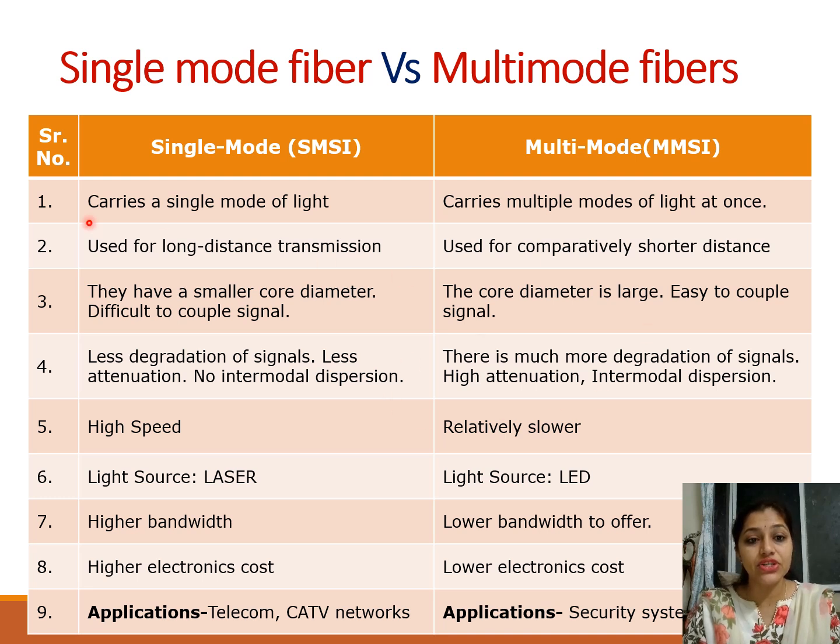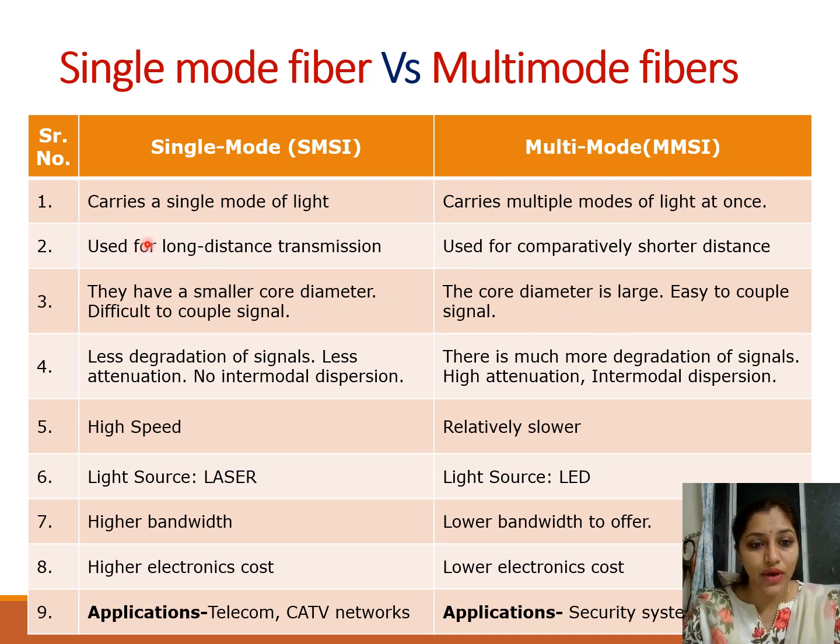Now let's differentiate single mode and multi-mode fiber. Here SMSI stands for single mode step index fiber and MMSI stands for multi-mode step index fiber. In next slide we will discuss about the step index fiber and the graded index fiber. So this is about step index only, and single mode and multi mode.